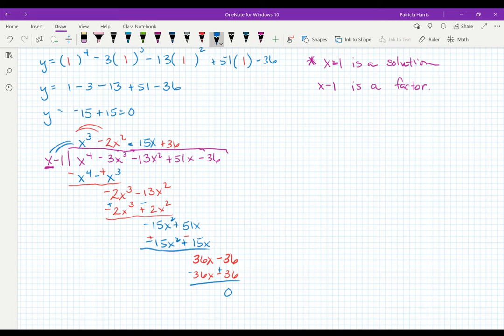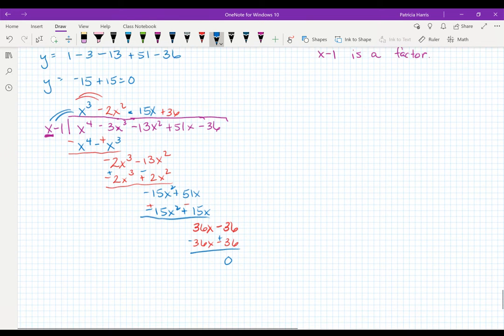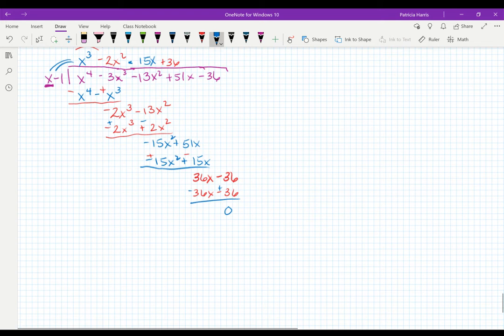So now what that means is we need to find factors of x cubed minus 2x squared minus 15x plus 36. We reduced our polynomial by a degree.